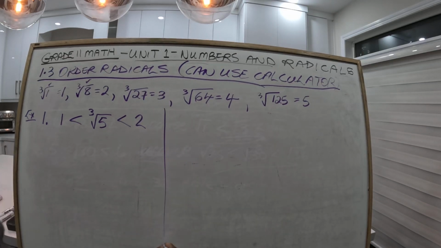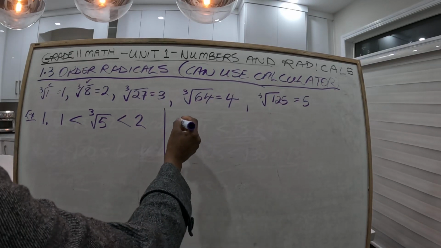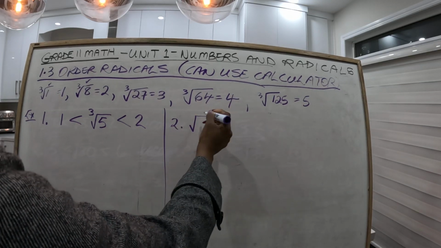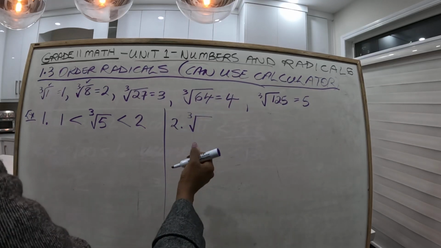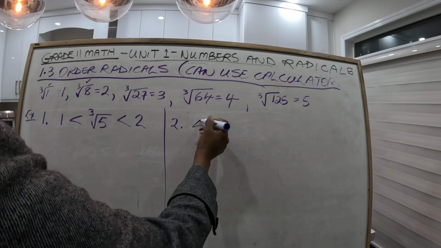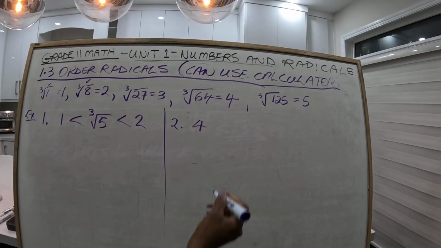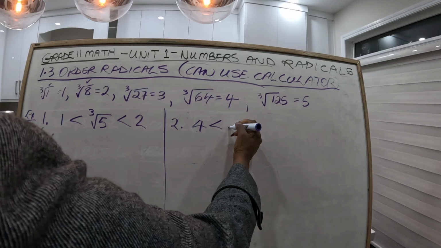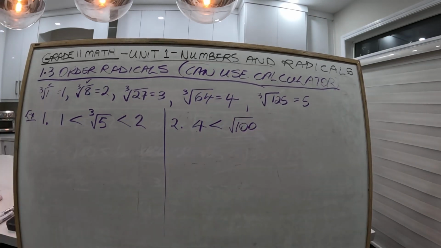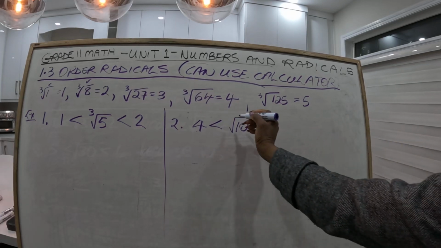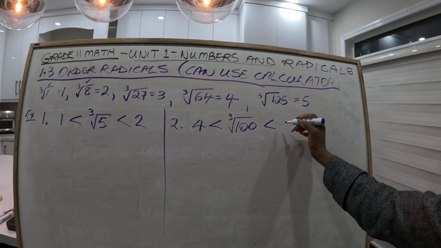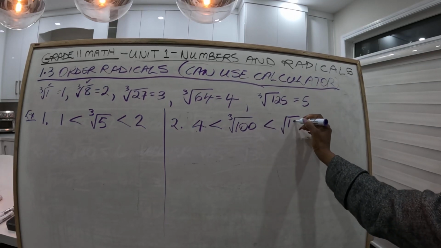Similarly, example number 2, the cube root, I must say. Before I get to that, I'll say 4 is smaller than the cube root of, let's say, 100, which is also smaller than the cube root of 125.